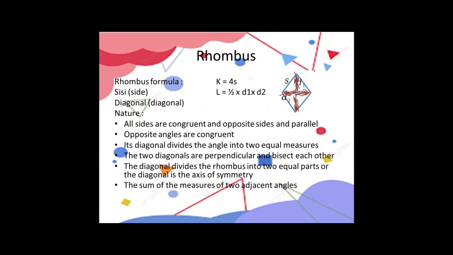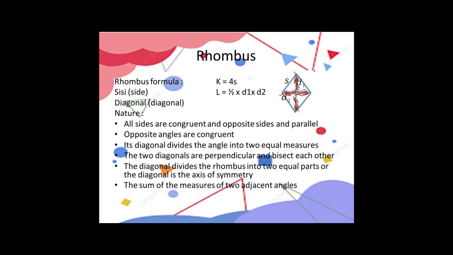Rhombus: circumference equals 4 times the side. Area equals 1/2 multiplied by diagonal 1 multiplied by diagonal 2. Properties: 1. All sides are congruent and opposite sides are parallel. 2. Opposite angles are congruent. 3.